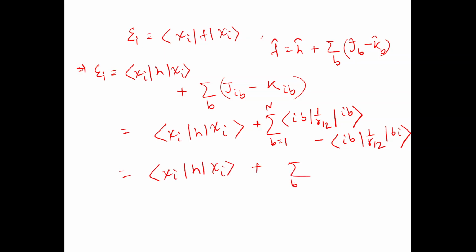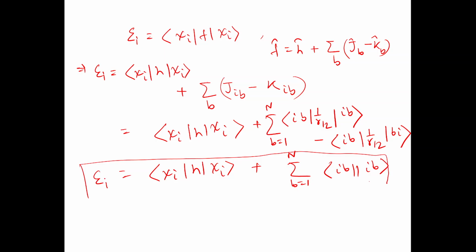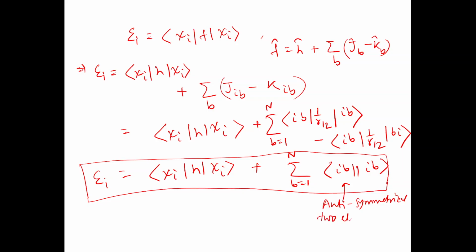So this is the summation over B equal to 1 to N of ⟨IB||IB⟩. This is the expression for your orbital energy, and this is the antisymmetrized two electron integral.